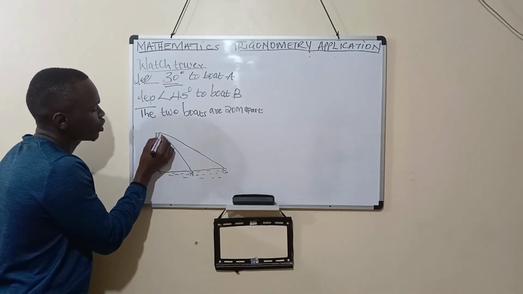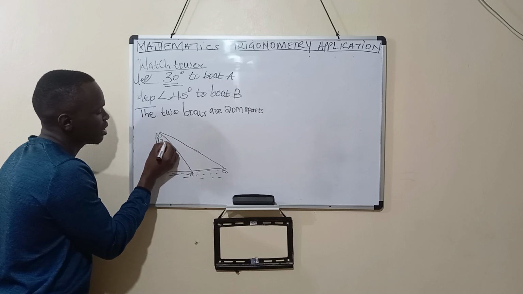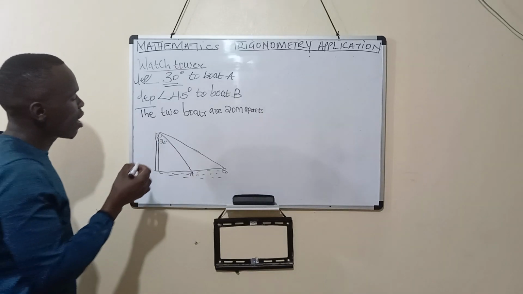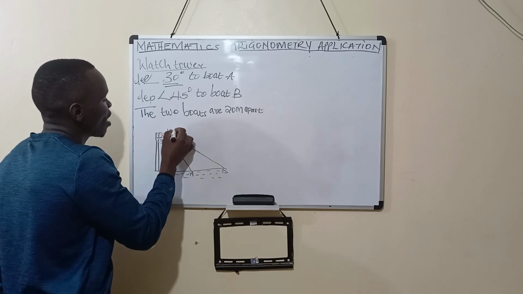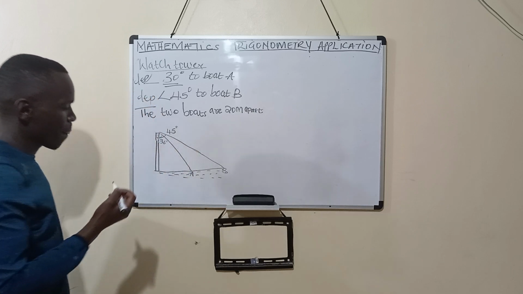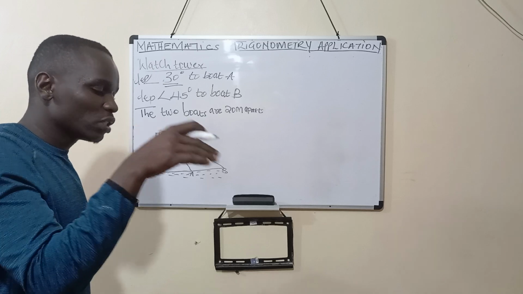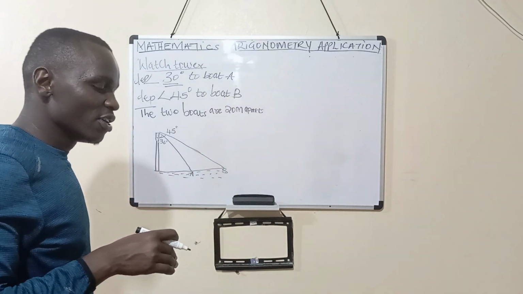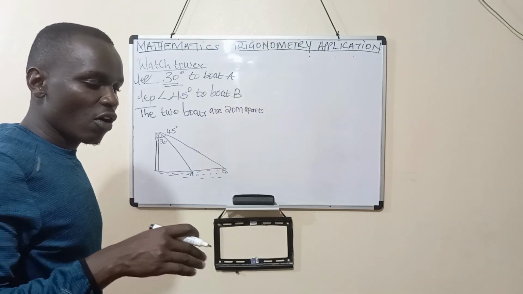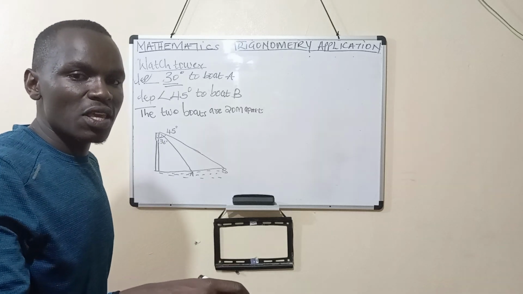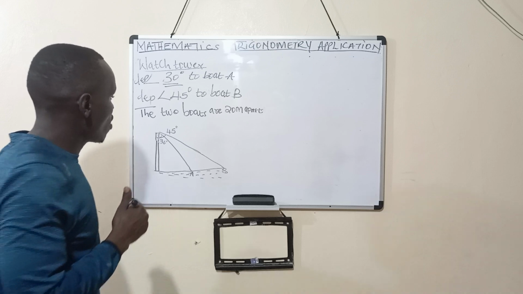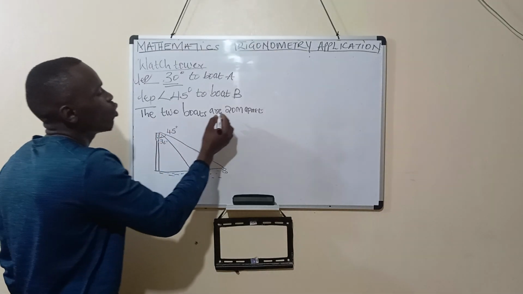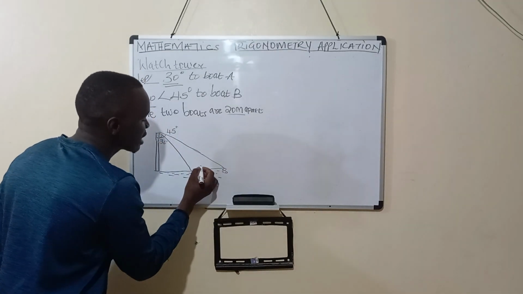The angle of depression to boat A is 30 degrees, and the angle of depression to boat B is 45 degrees. Then from there, we are also told that the two boats are 20 meters apart.